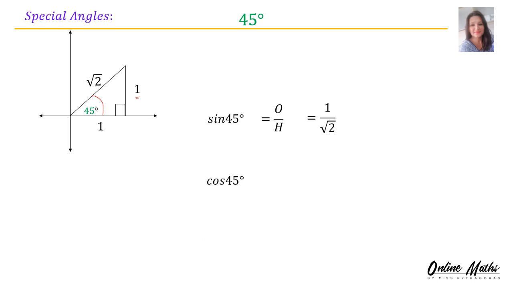Cos 45, cos's ratio is adjacent over hypotenuse. Therefore, it's 1 over root 2. And then tan 45 degrees, the ratio is opposite over adjacent. Therefore, tan 45 is 1 over 1.